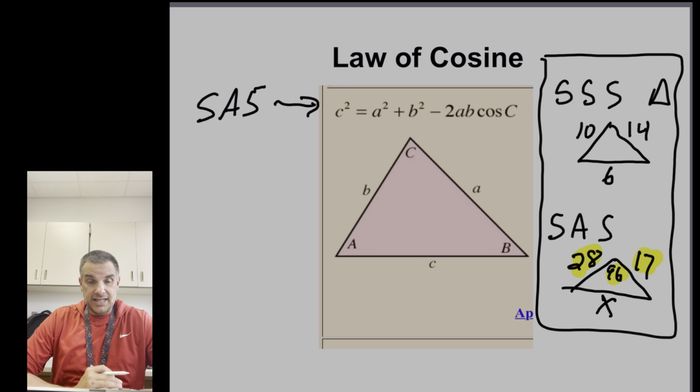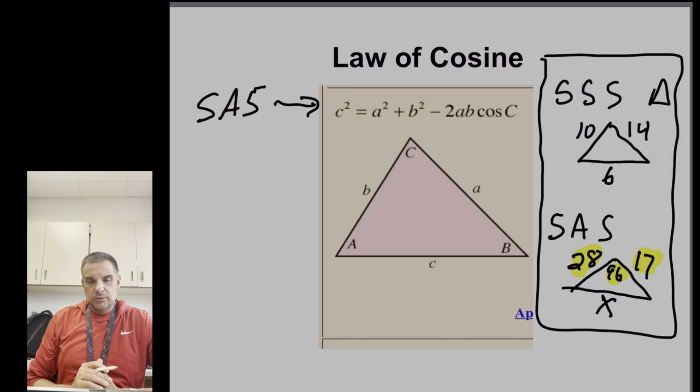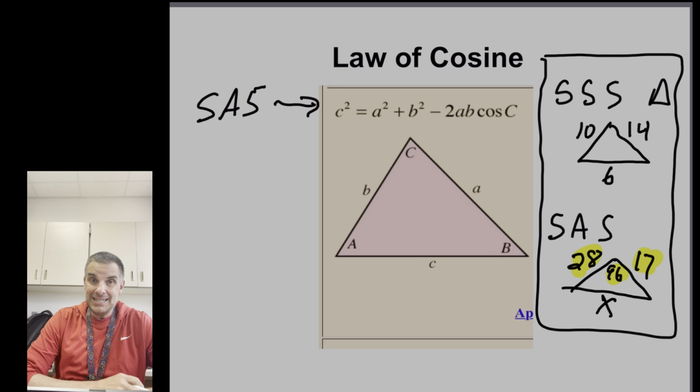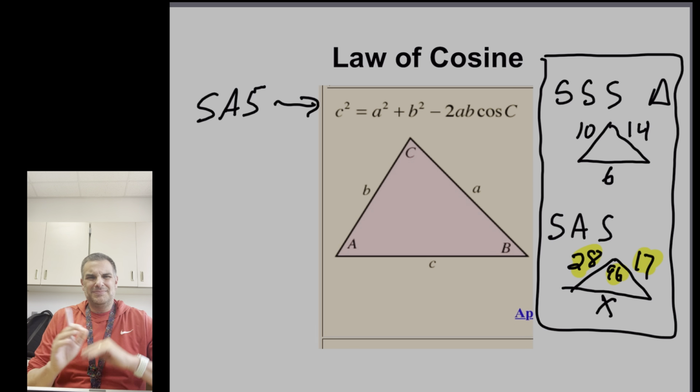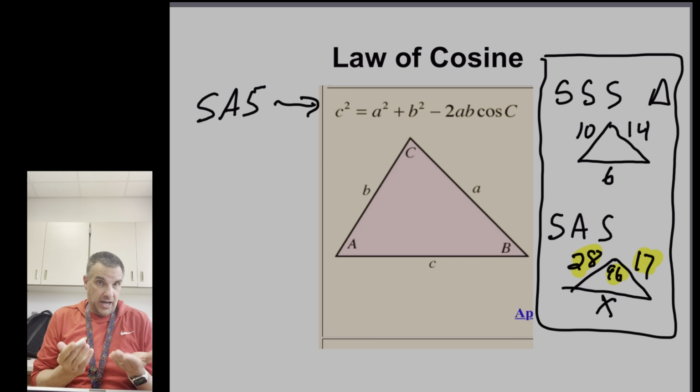So if we're doing side-angle-side, the formula that we're going to use is c squared is equal to a squared plus b squared minus 2ab times the cosine of C, where c squared, the c value, is the side that you're trying to find.